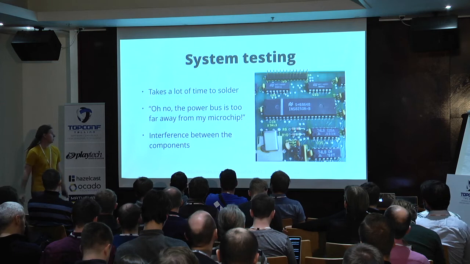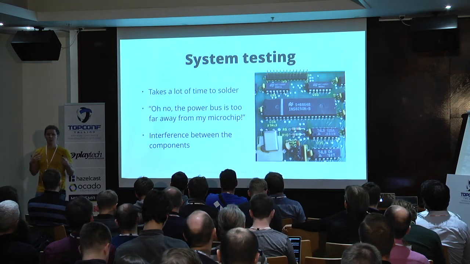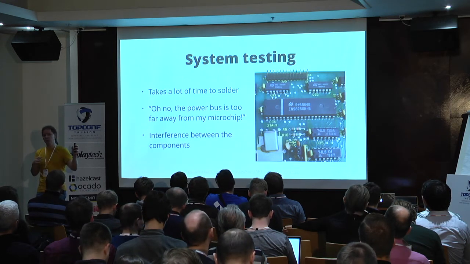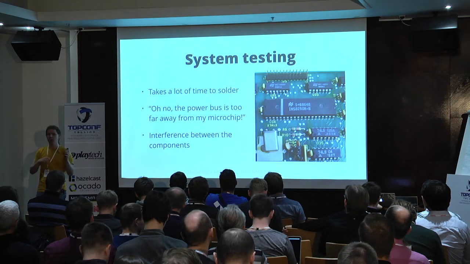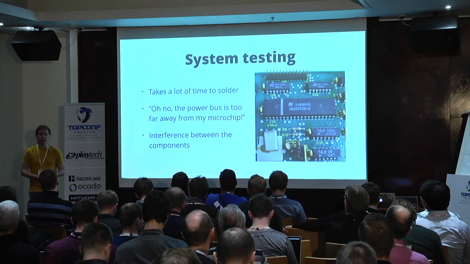Kind of the same here. Plus, some interference between the components means that a single component in integration testing might work, but when there is one more component next to your component, it might break it.